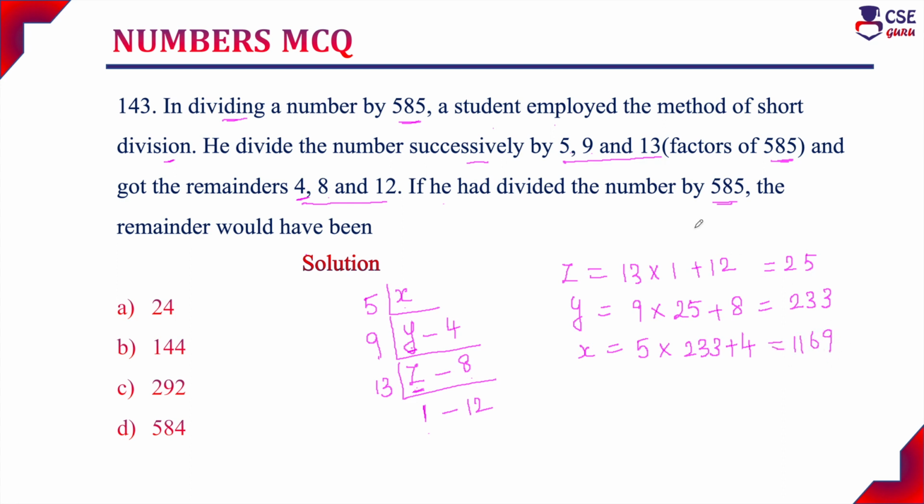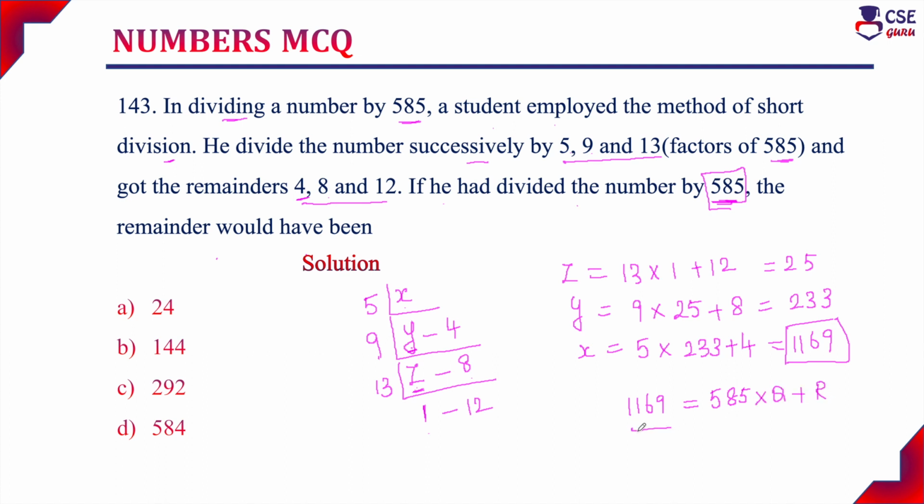So initially the student has employed the short division method. Suppose if he had divided the number by 585, what would be the remainder? Now we got the dividend value. So for the number 1169, we will implement the same formula. Dividend is divisor 585 into quotient plus remainder.